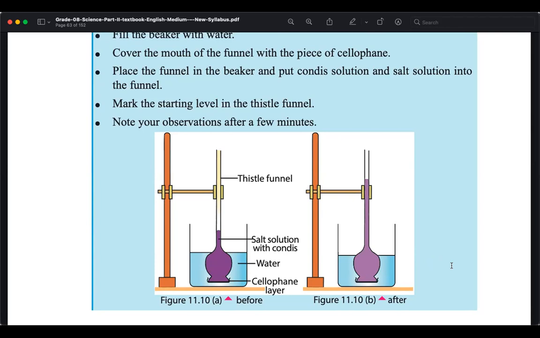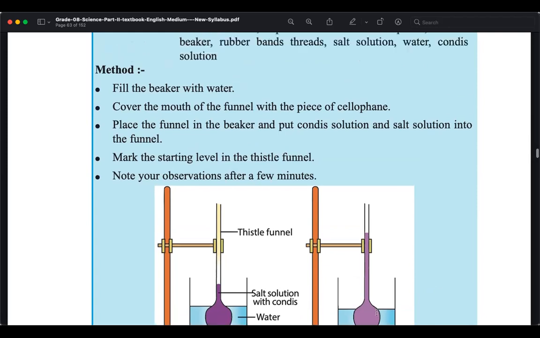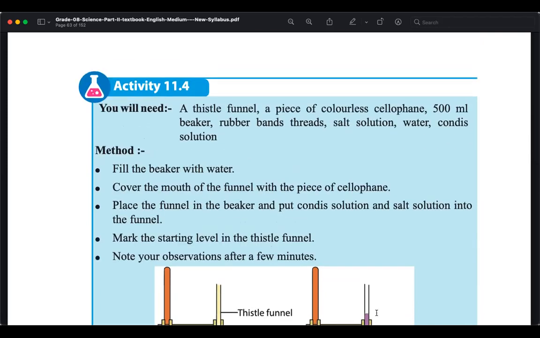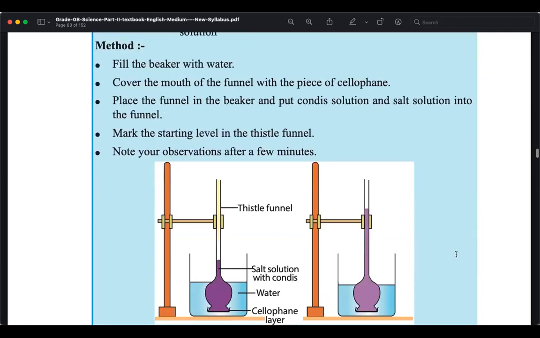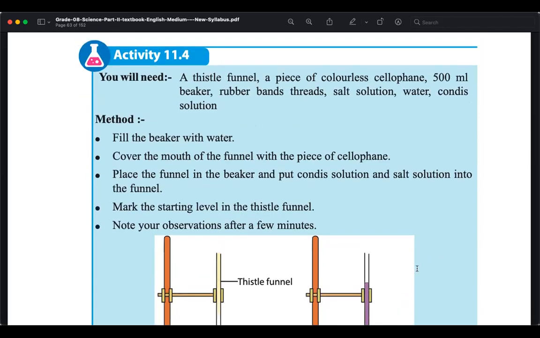Cellophane has a special feature, so you cannot use polythene. You have to use cellophane. I'll tell you the reason: if you use polythene or paper, you cannot see this result.